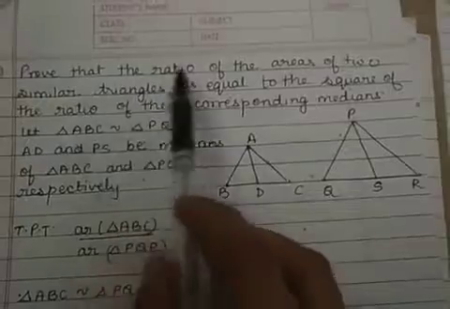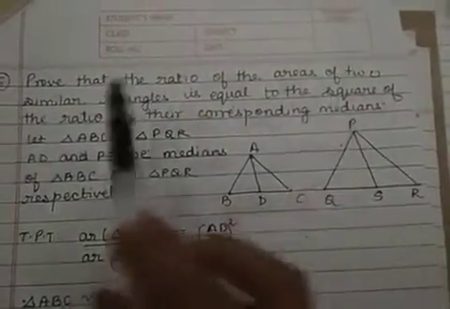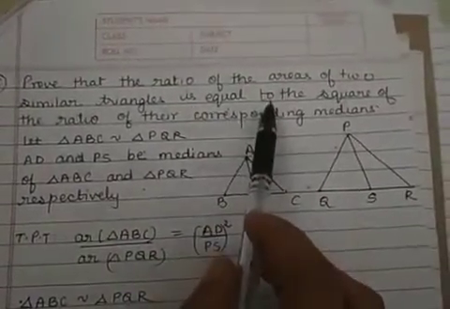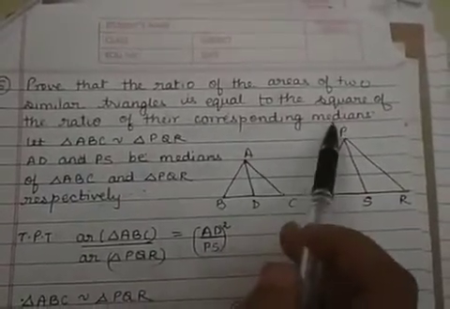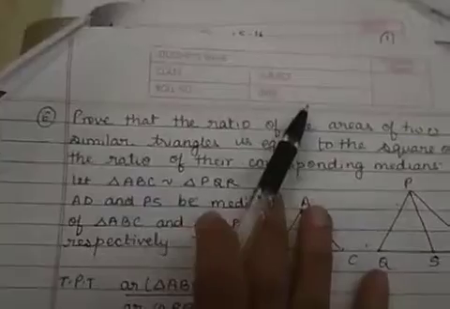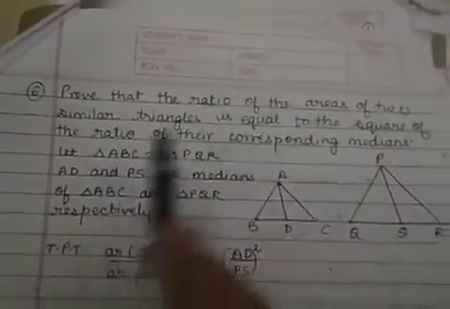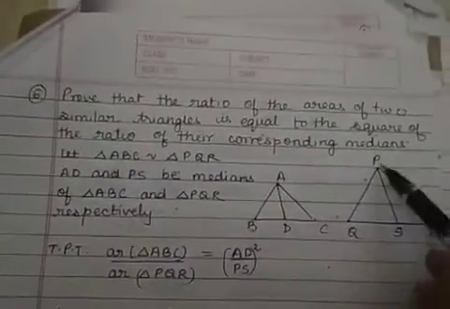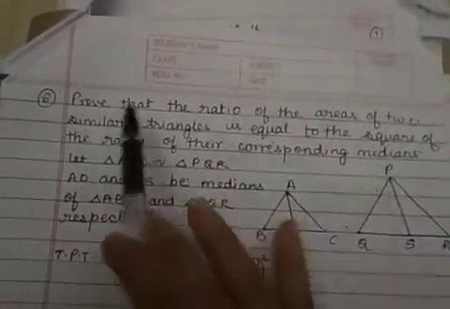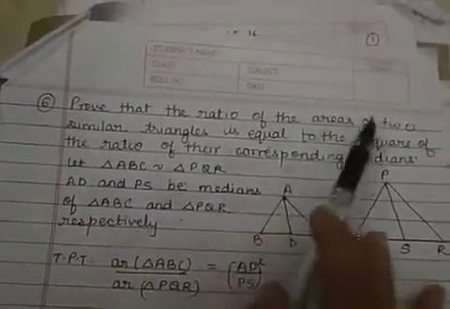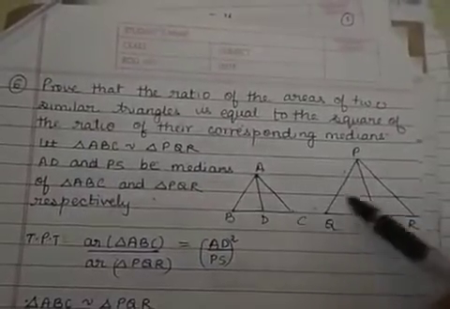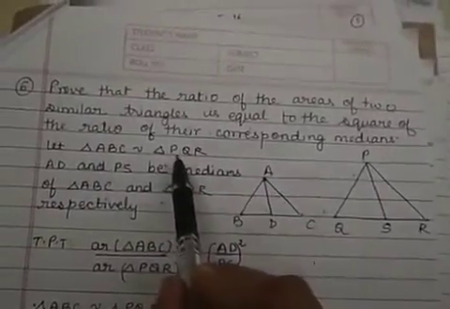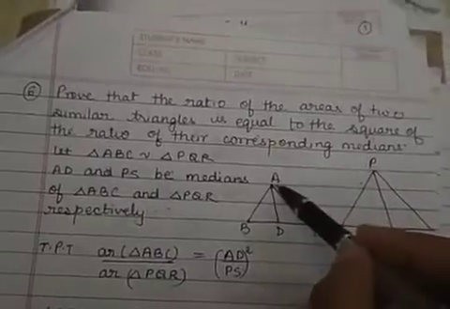Prove that the ratio of the areas of two similar triangles is equal to the square of the ratio of their corresponding medians. So here again you are not given the figure. So let us take the triangle ABC and triangle PQR. We know that triangle ABC is similar to triangle PQR, and you have to take the medians.